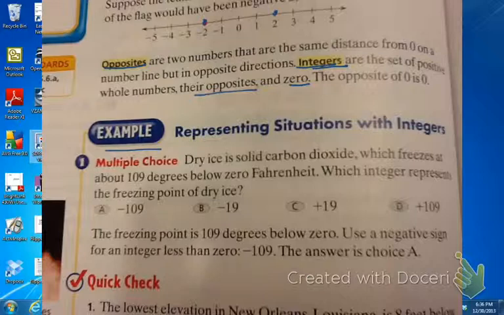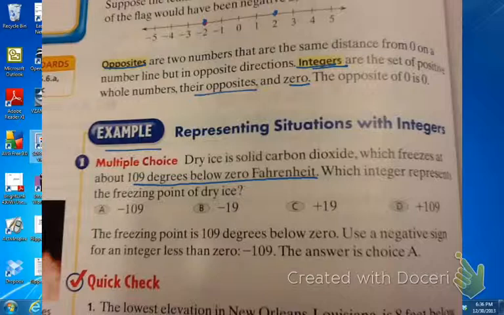Alright, so multiple choice here. Dry ice is solid carbon dioxide, which freezes at about 109 degrees below 0 on the Fahrenheit scale. Which integer represents the freezing point of dry ice?